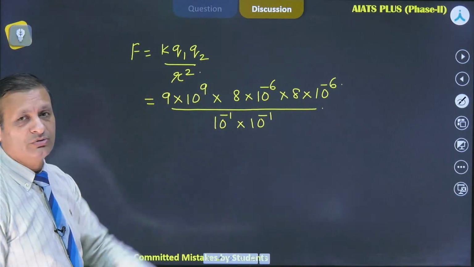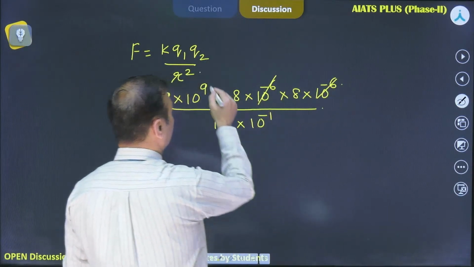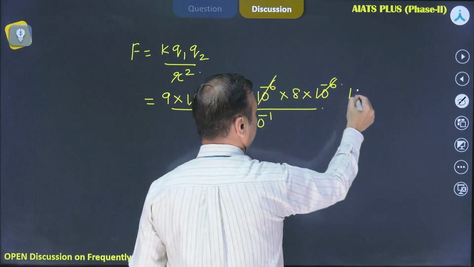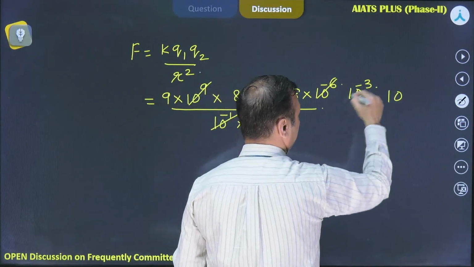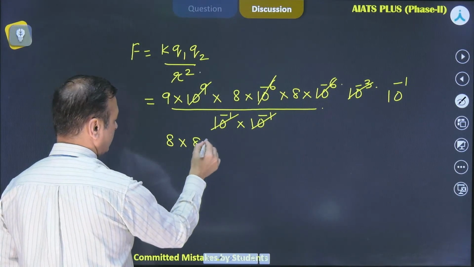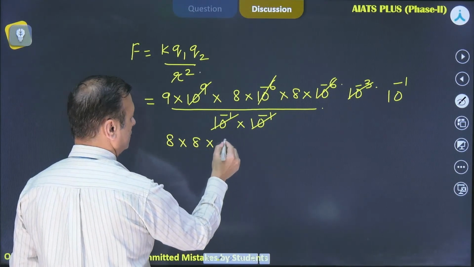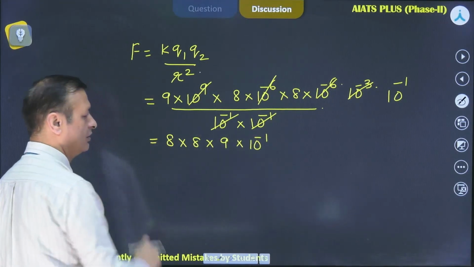Now the rest is, you have to just calculate this part. So this is -12, it goes with this, so that gives me -3. It goes with this, that gives me 10 to the power -1. So it's 8 into 8 into 9 into 10 to the power -1 is the numerical expression.